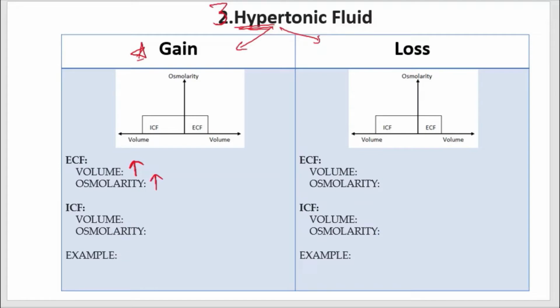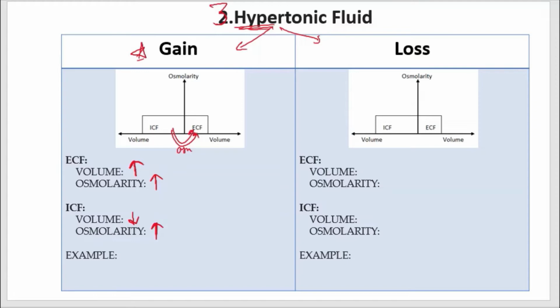When the osmolarity of ECF increases, water comes from ICF to ECF through osmosis. It means the ICF volume will decrease, and when the volume is decreased, the osmolarity is increased, as we know.